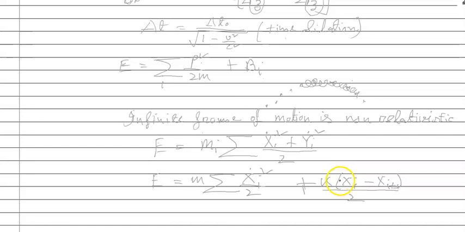This is Hooke's law. The points get denser and denser and denser.